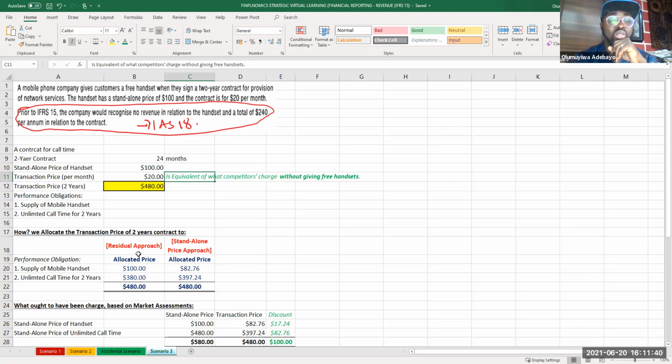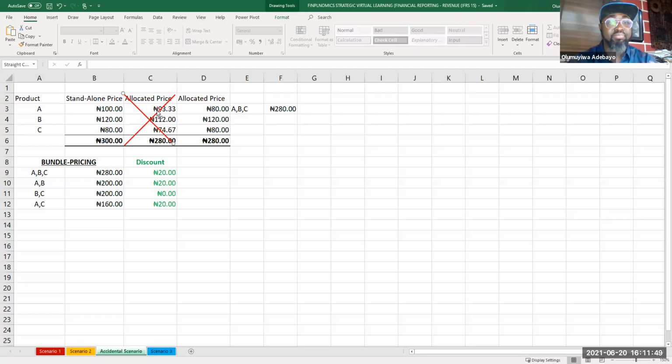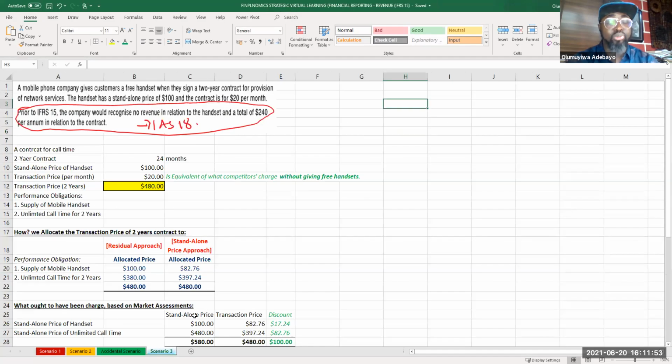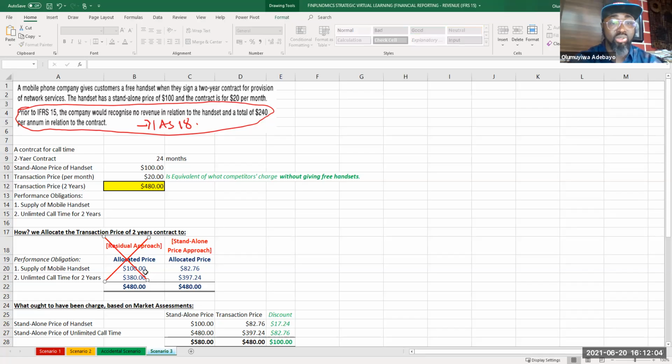Therefore, I will no longer be able to use residual, because the residual approach only comes into play whenever the standalone approach, the adjusted market assessment approach, and the expected cost plus margin approach are not available. Okay. Take notes.